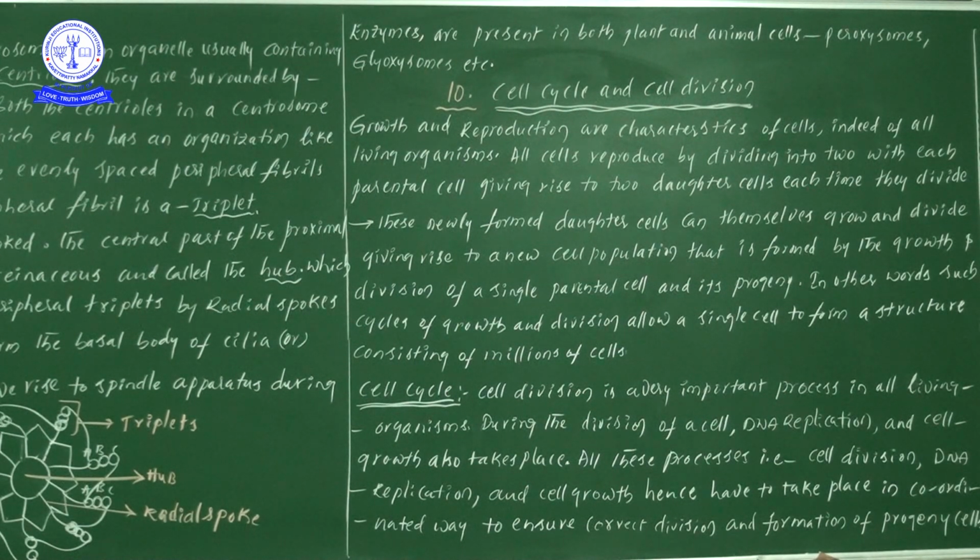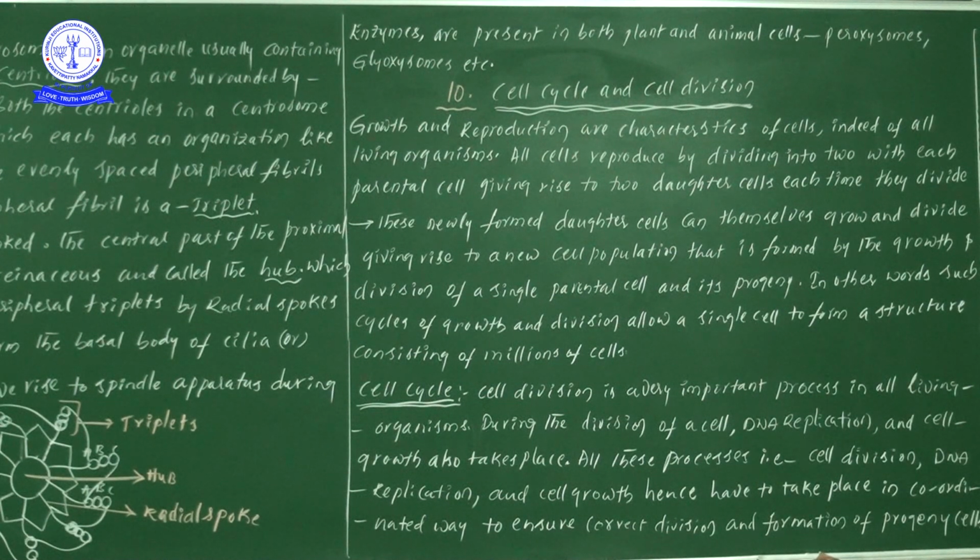So what is the point? When cells are going to divide, each parental cell gives rise to two young ones. Suppose one parental cell is undergoing division; that parental cell definitely gives rise to two daughter cells.